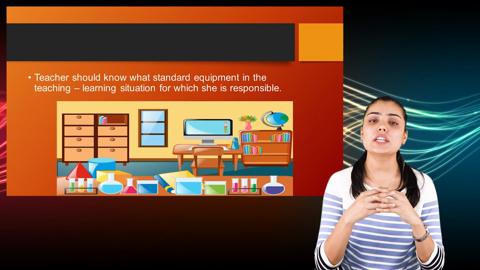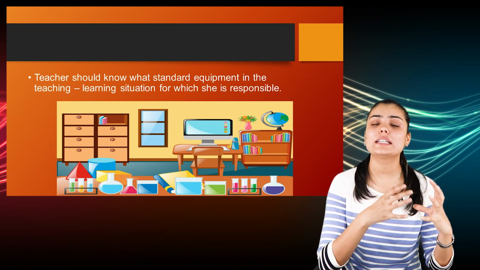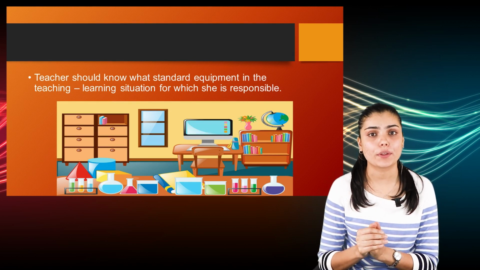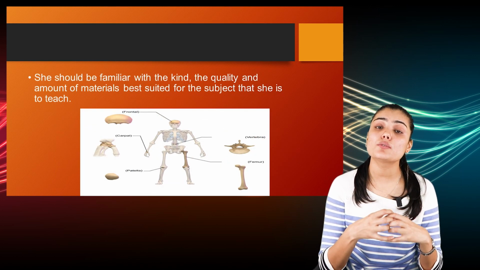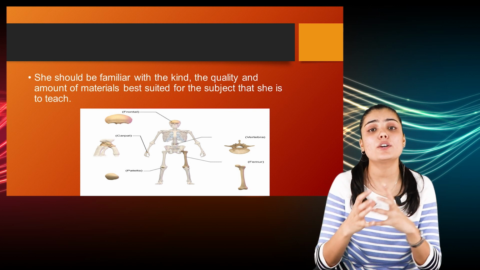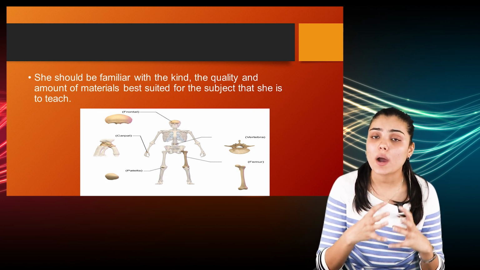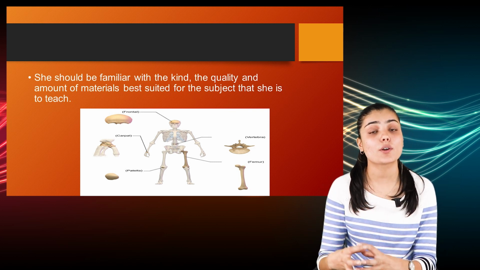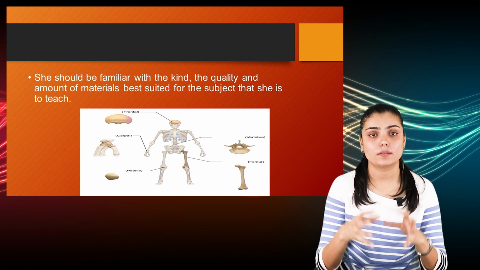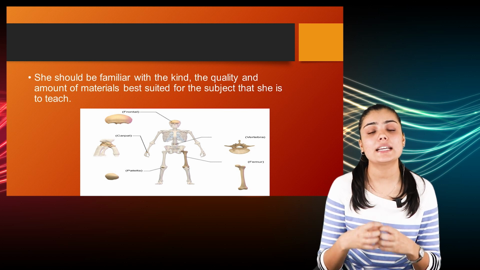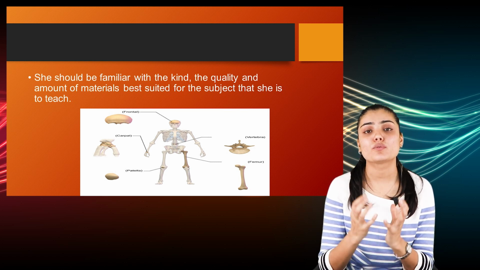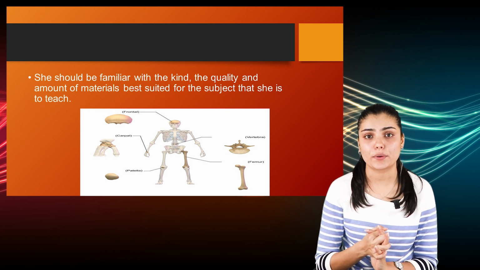Okay? Now, the teacher must know what teaching learning equipment she is responsible for. The teacher must also know what kind, what quality and what quantity of teaching learning material is required according to the topic or the content that she is going to teach, right? The teacher must have an idea about the best suited equipment for her subject, okay?